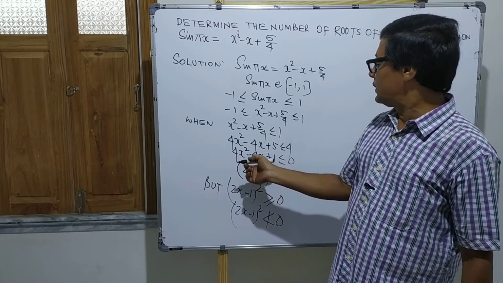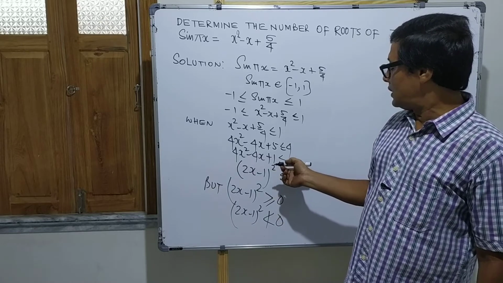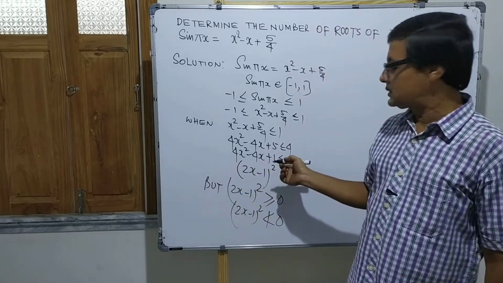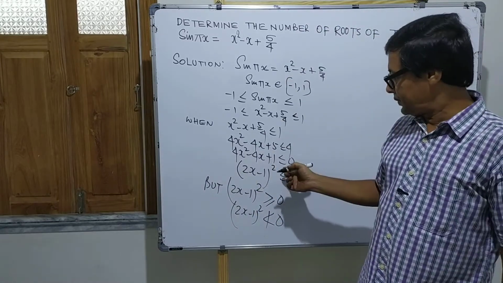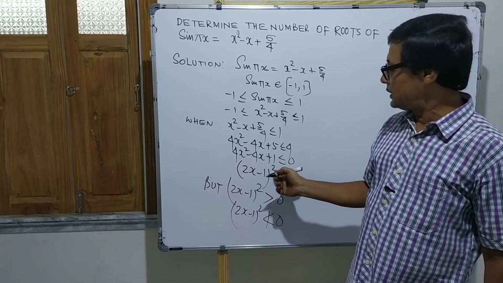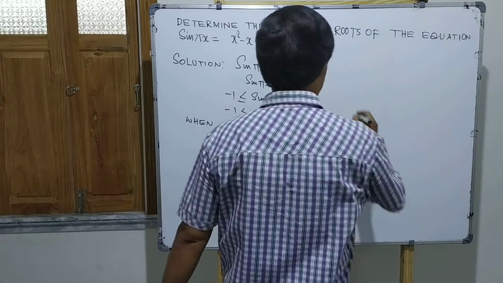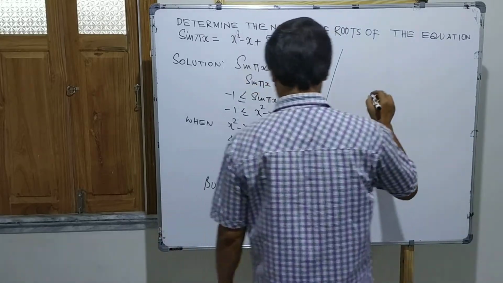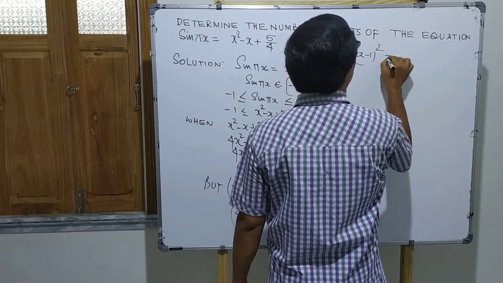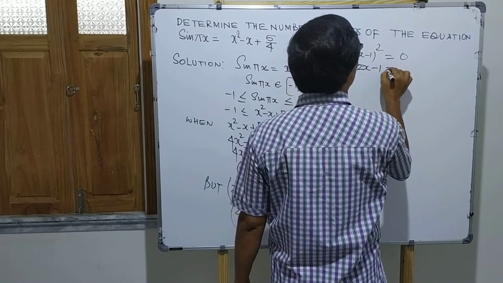So here we have got 2x minus 1 whole square less than or equal to 0. So the less than sign can be rejected, can be discarded. Only the equals sign remains, that is 2x minus 1 whole square equals 0. So 2x minus 1 equals 0.